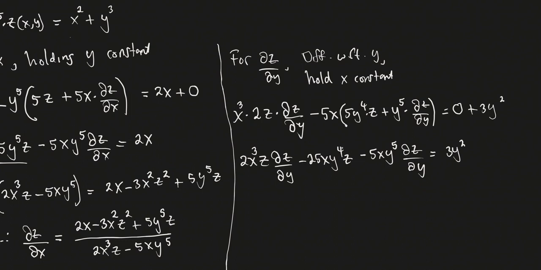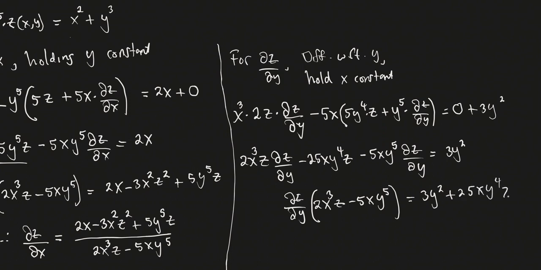That becomes positive when we move it over, and then let's factor out the dz dy. So we have 2x cubed z minus 5xy to the fifth, and then on this side we'll have the 3y squared, and then plus 25xy to the fourth z, right?